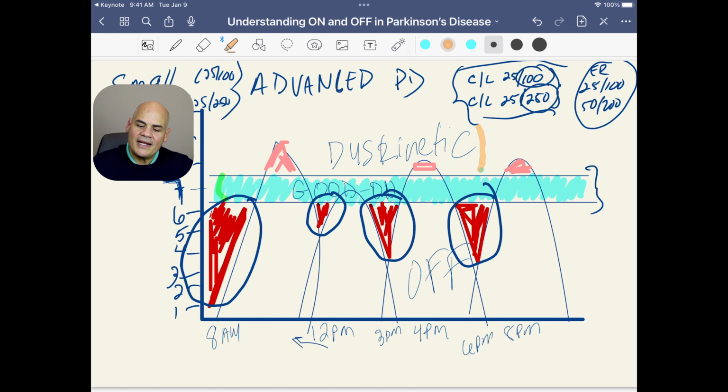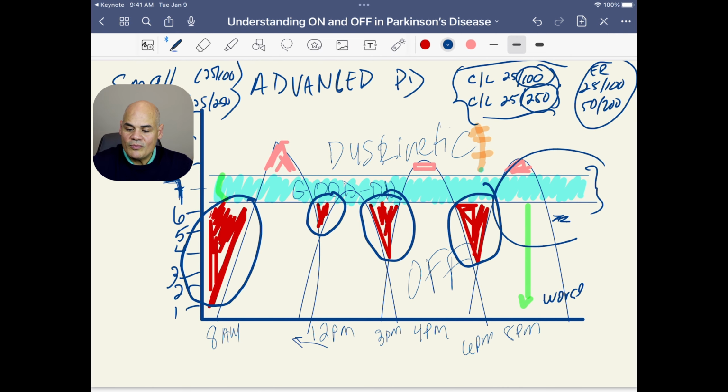But once we get to this high level, if you are at the 8, it might not be such a big deal, but at a 9, at a 10, many people will be bothered, and it's an undesirable state. And then for most people, the lower you are when we speak about the off state, right? So this off state here is worse actually compared to being at this level, right? So you want to be right here.